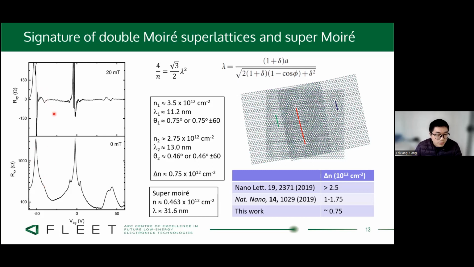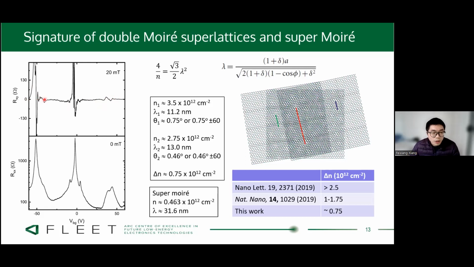And the moiré superlattice can be further confirmed by the Hall resistance, where we see the sign of the Rxy, the Hall resistance, change sign twice here, near the secondary Dirac points, and also here as well.